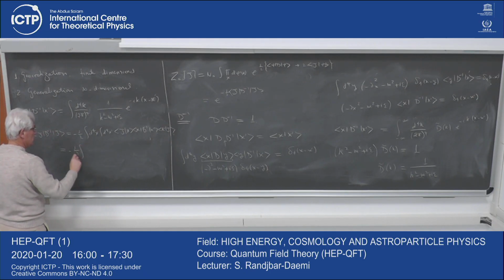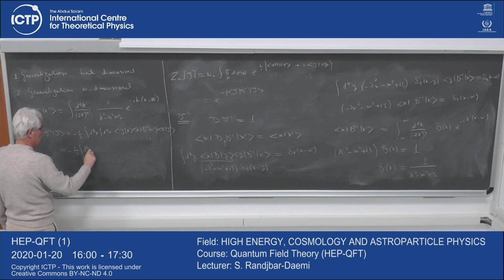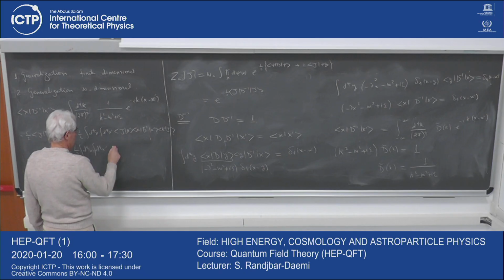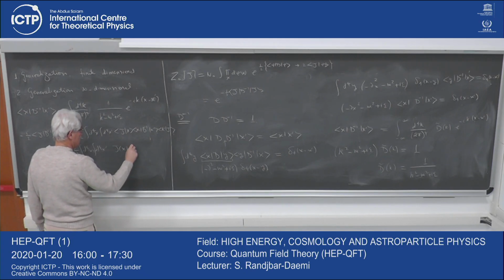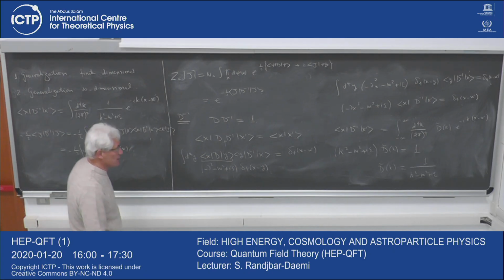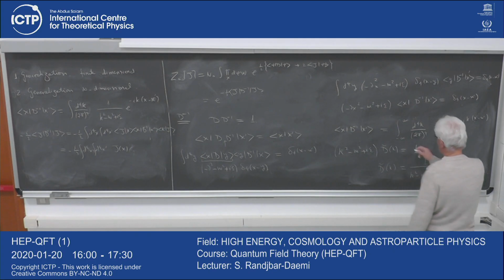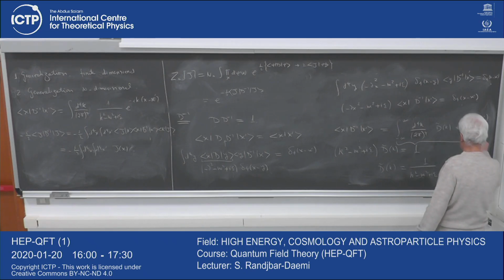minus i over 2 d for x, d for x prime, that is jx. Let me give a name to this in order not to write this long expression. I'm going to call all this minus i times delta f x minus x prime.